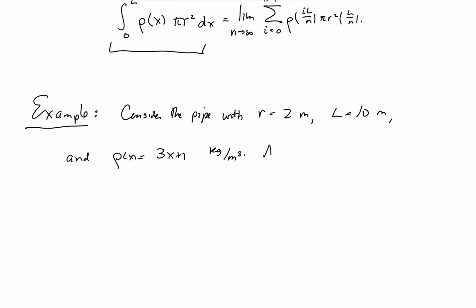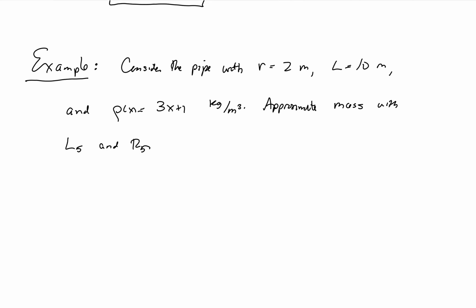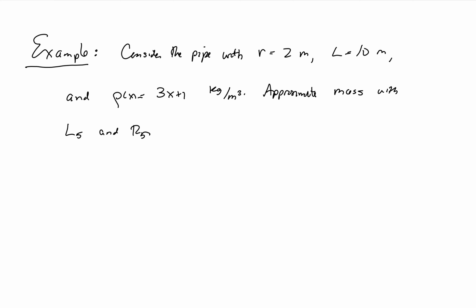So let's approximate the mass with L5 and R5. So this, we can get actual numbers out of this now. So notice the width, our delta x here, should be the length, which is 10 minus 0, over the number, which is 5. So each one should be width 2.